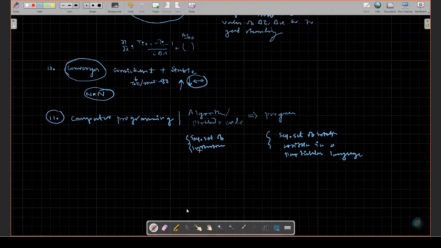This algorithm or pseudocode is independent of the programming language.